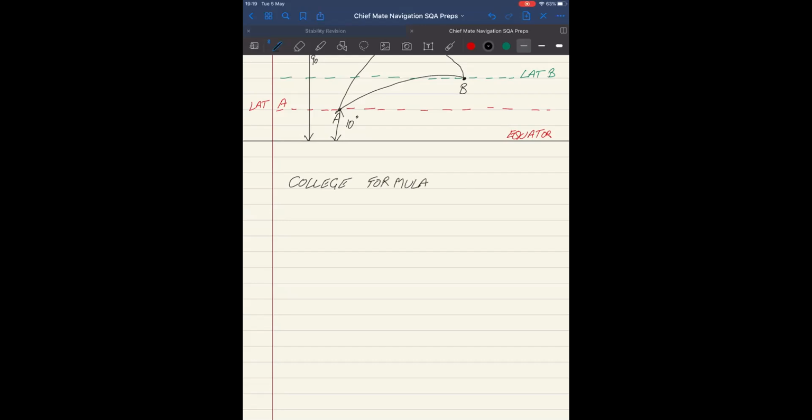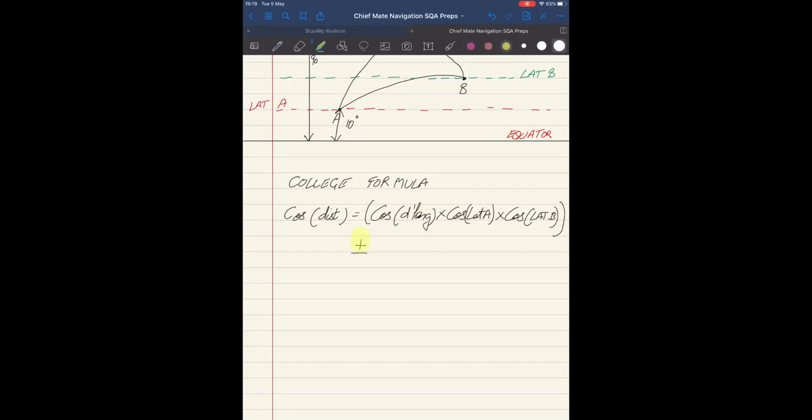The cosine formula is: cos of distance equals cos of d long times cos of lat A times cos of lat B, these are all in brackets, plus or minus.